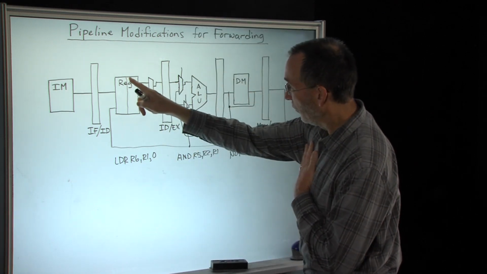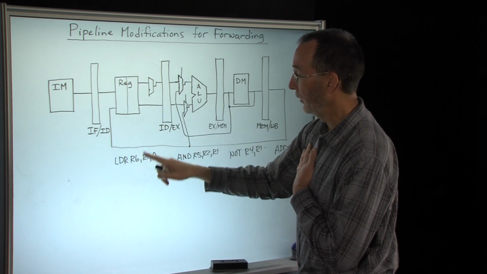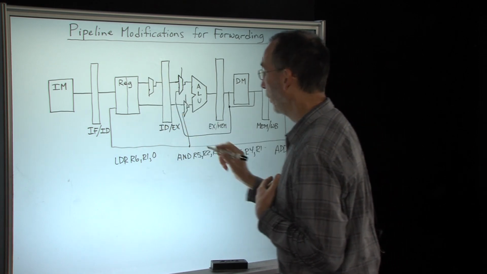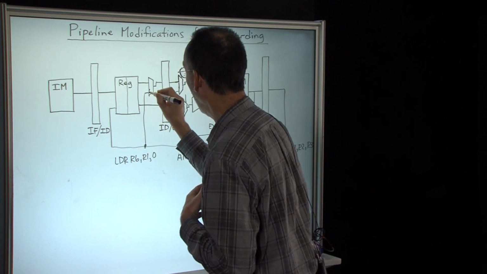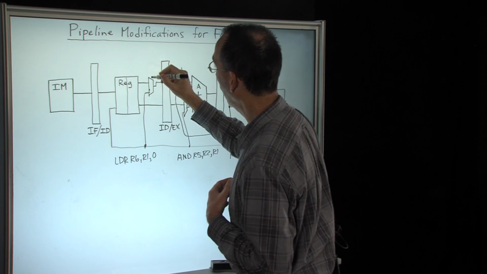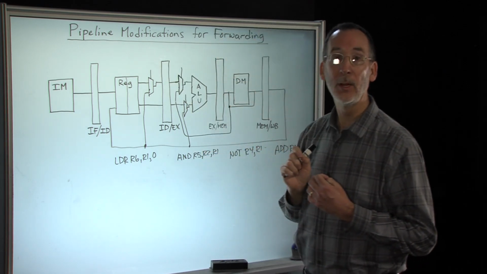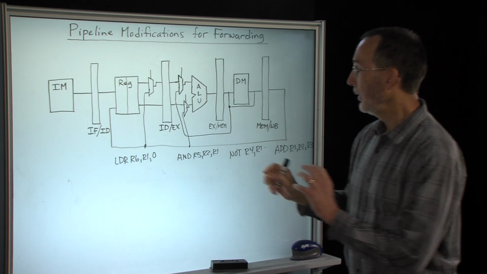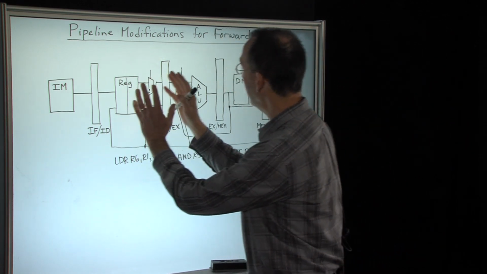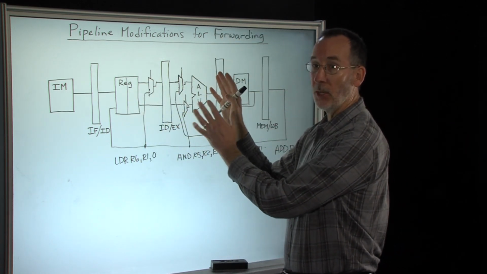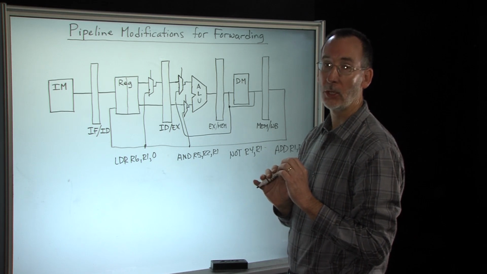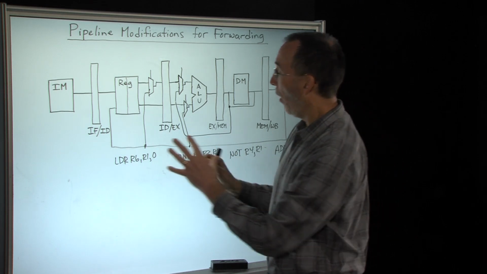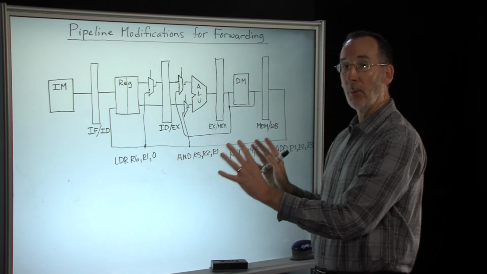Again, we've read the old value of R1 here for this LDR, and we're going to substitute the value that's being written back to the register file for the value that we just read from the register. So now when the LDR moves into this stage to do the address calculation, it has the up-to-date R1 from the add instruction. Now all three of these instructions are going to operate properly.